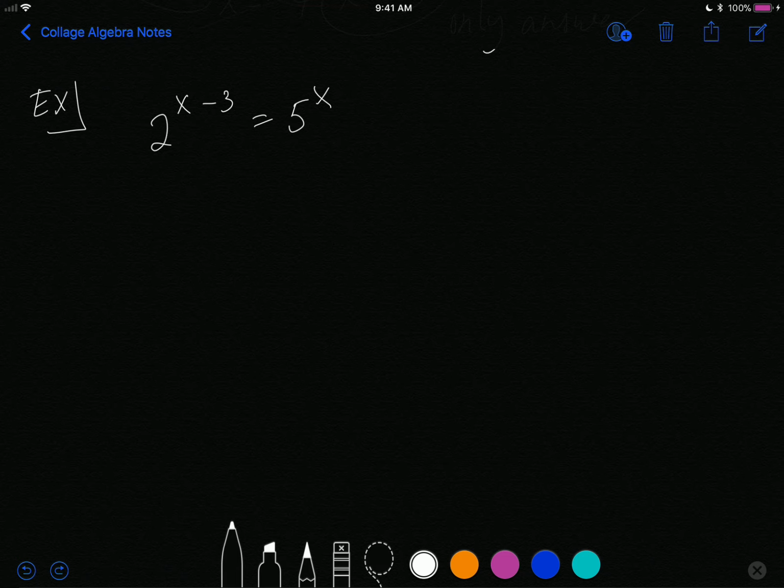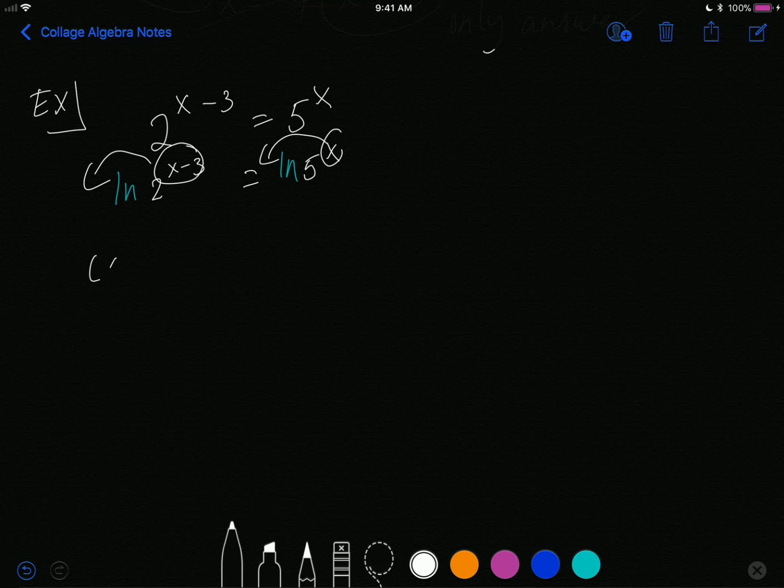The technique for solving this equation is to take a log on both sides. Technically, it doesn't matter what log you take, and so traditionally we take the shortest log, and that's ln. So you take ln on both sides of the equation, and it gives us ln of 2 to the x minus 3 equals ln of 5 to the x. Then I use the power property of logarithms, which says that this can come to the front as well as this.